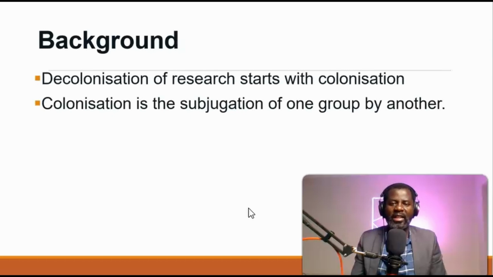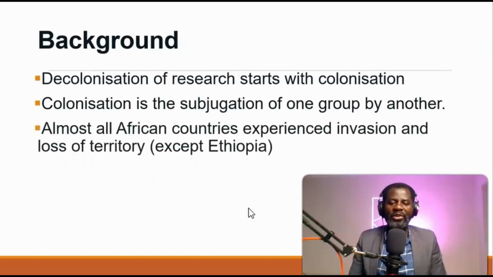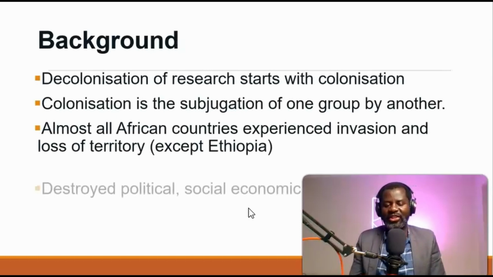Again, we understand for us in Africa that in 1884, European countries which were powerful at the time met in Berlin in order to divide Africa into territories and colonies. In Africa, almost all countries were divided up for grab except for Ethiopia.